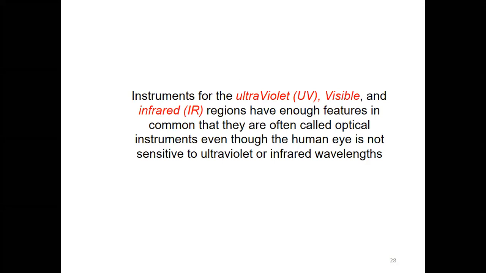The human eye is sensitive to the visible region. So we should have some way to detect things in the UV and IR region. So under optical spectroscopy, in most cases UV, vis and IR will be discussed.